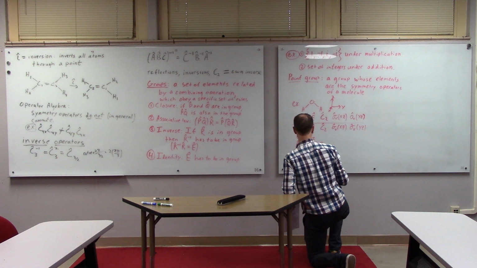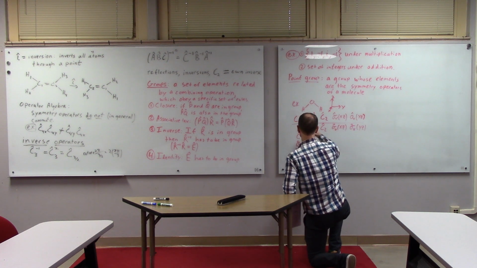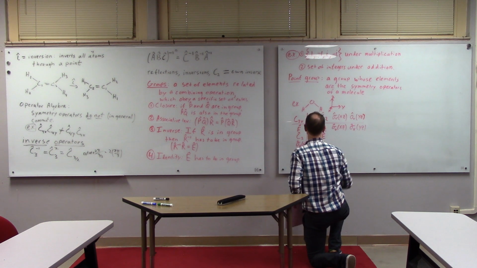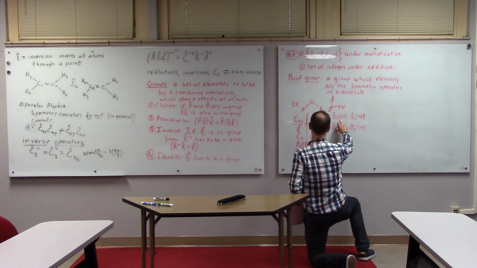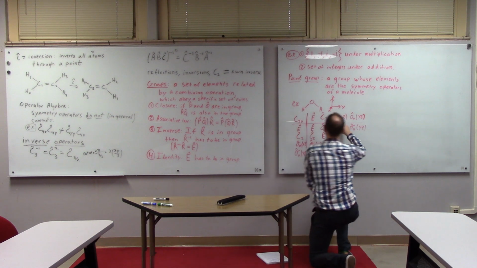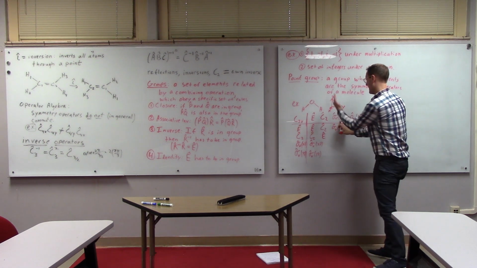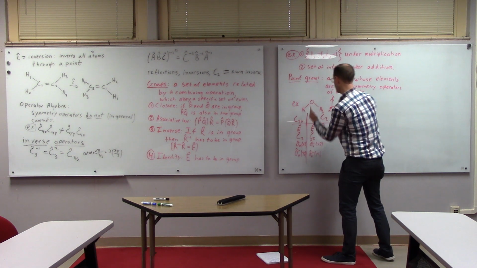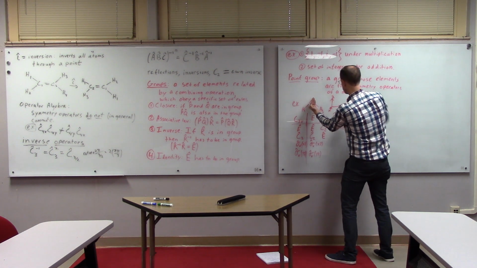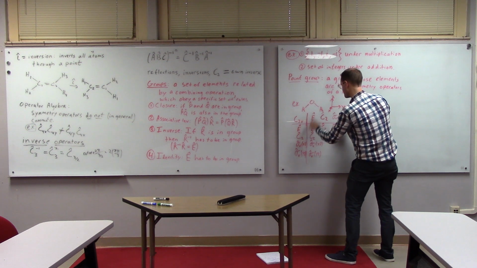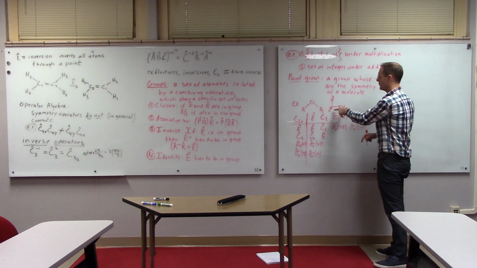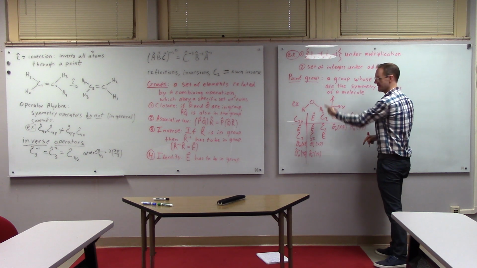Okay, so if you rotate 180 degrees and then rotate 180 degrees again, you get the identity operator. If you do a sigma V in the XZ plane, then you would basically exchange hydrogen 1 and 2. And if you then did a C2 rotation, you would exchange hydrogen 1 and 2 back again, but you would reverse the direction of the x-axis.